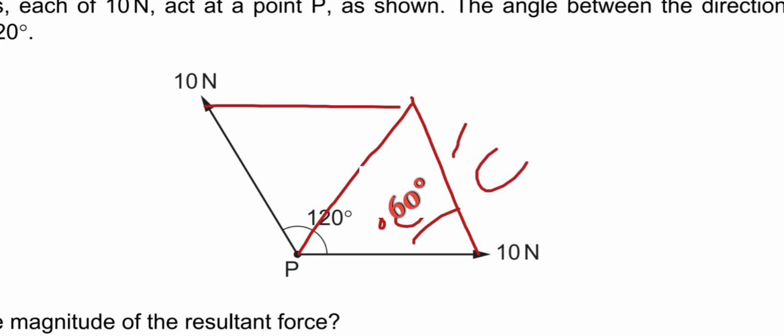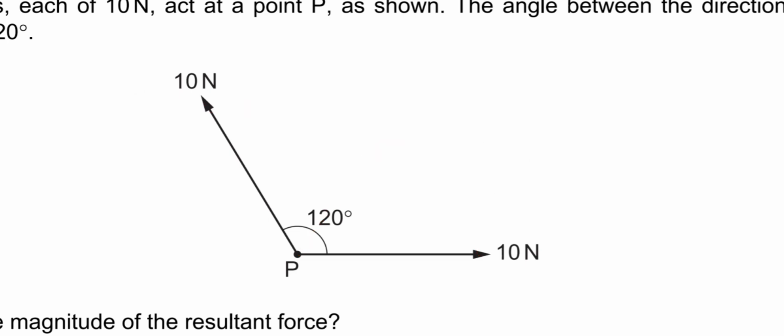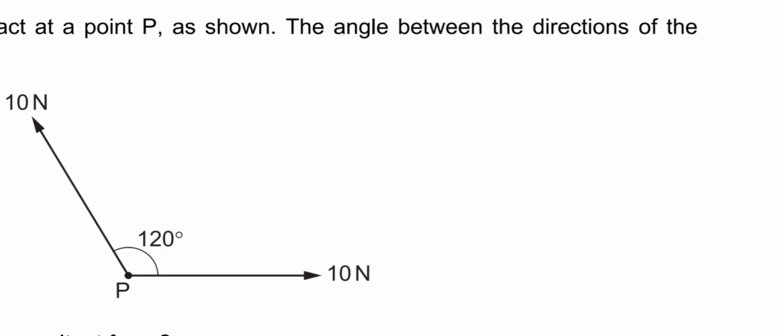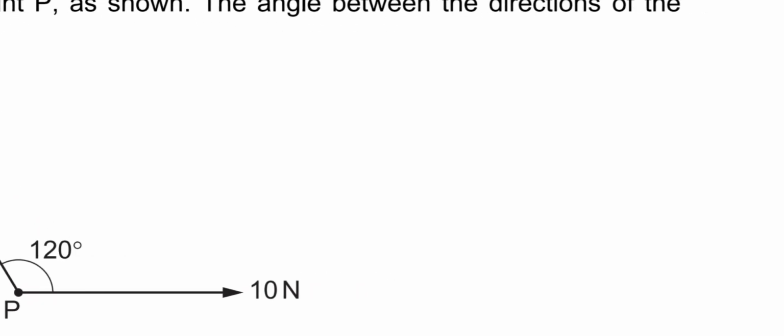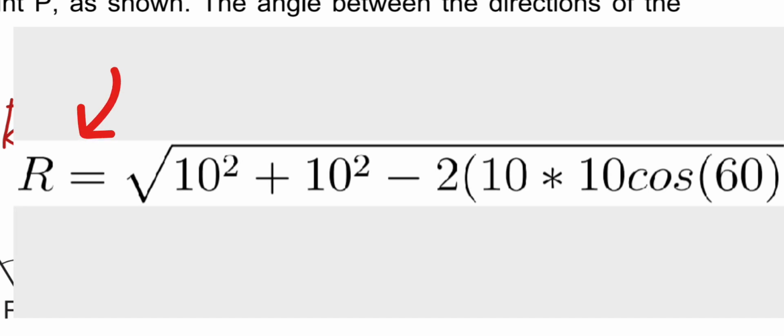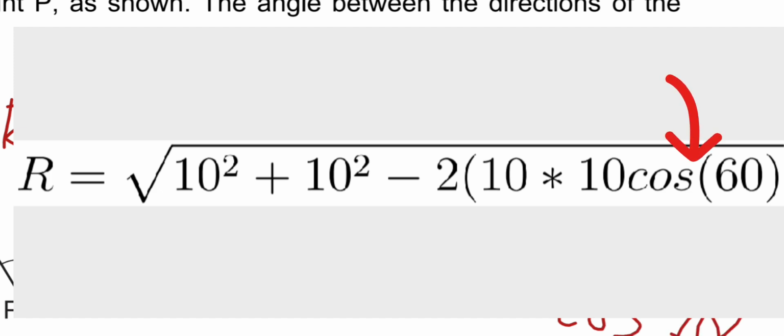So we know that this is 10 because it's the same as this value. So if this is 10, I can find the value of this resultant force R. So I use the cosine rule to find the value of R. The cosine rule gives R equal to the square root of 10 squared, which is 100, plus 100, minus 2 times 10 times 10 times cos of 60, right?